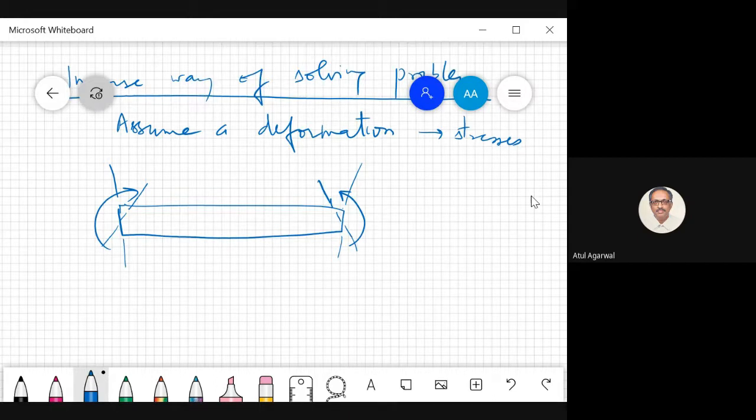So you see what you are doing. So this is the way your beam will look because of this applied movement at the ends.